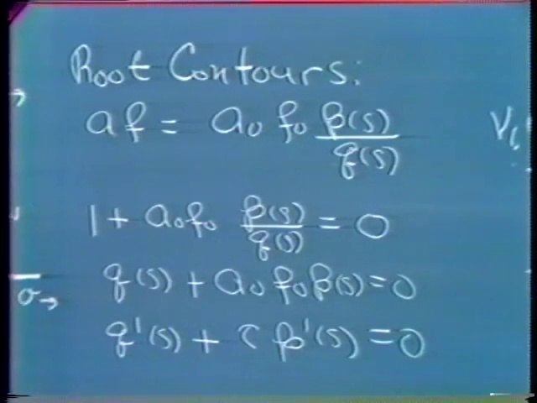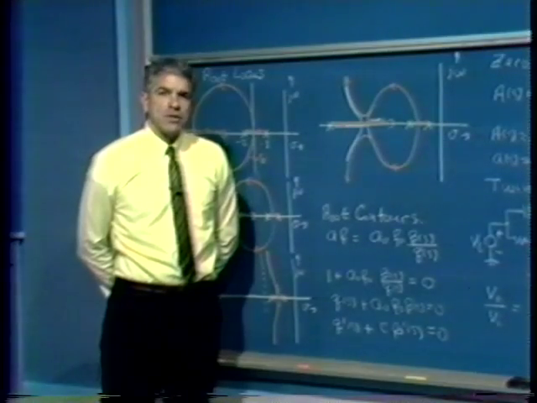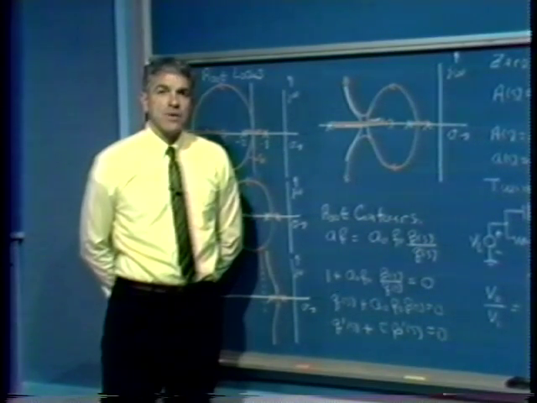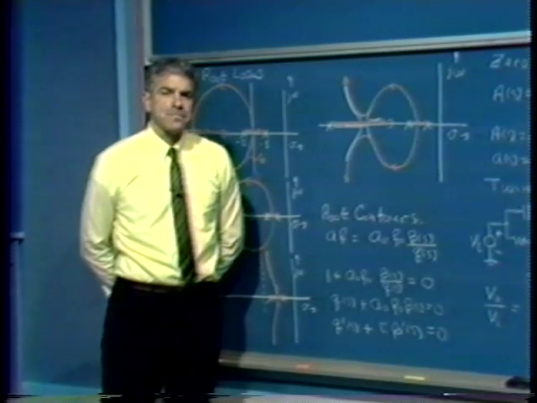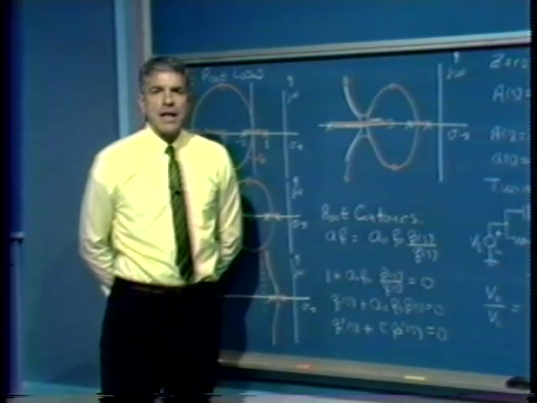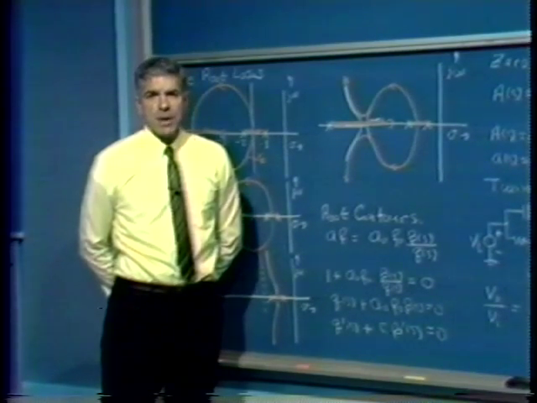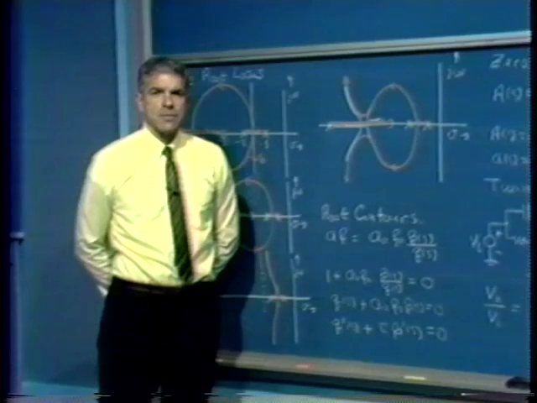Now suppose we have some system which has some other single parameter that we're interested in varying and observing the change in system performance. For example, we might have a single time constant in the system that we could change by controlling a capacitor size or something like that.